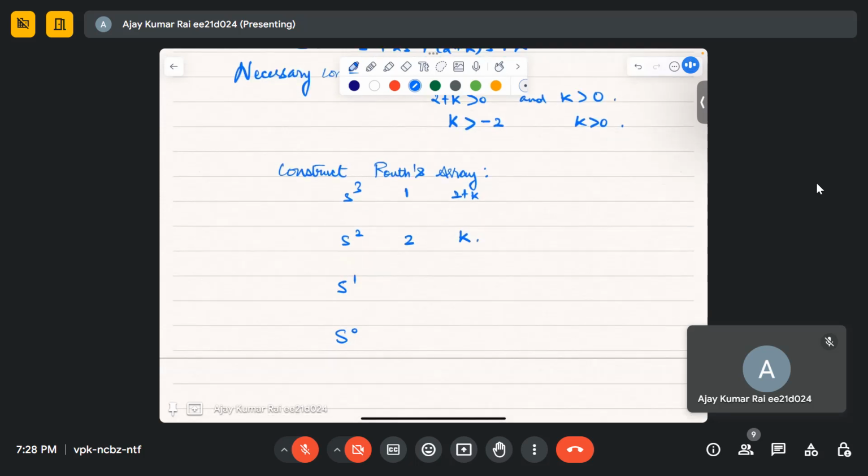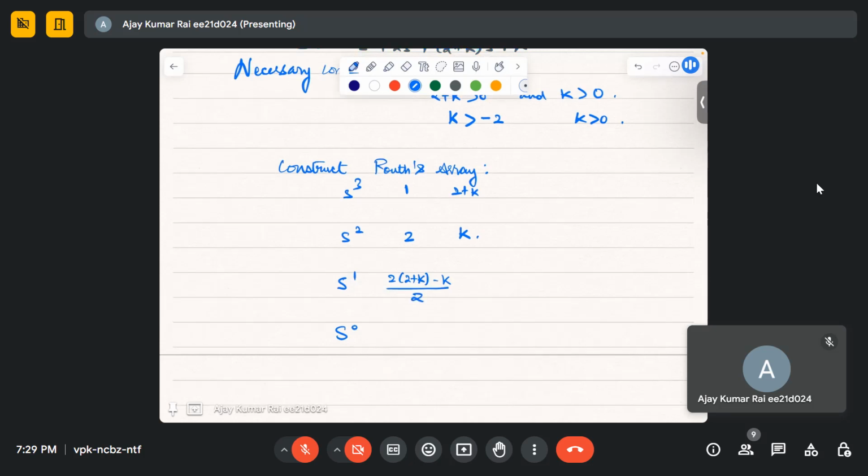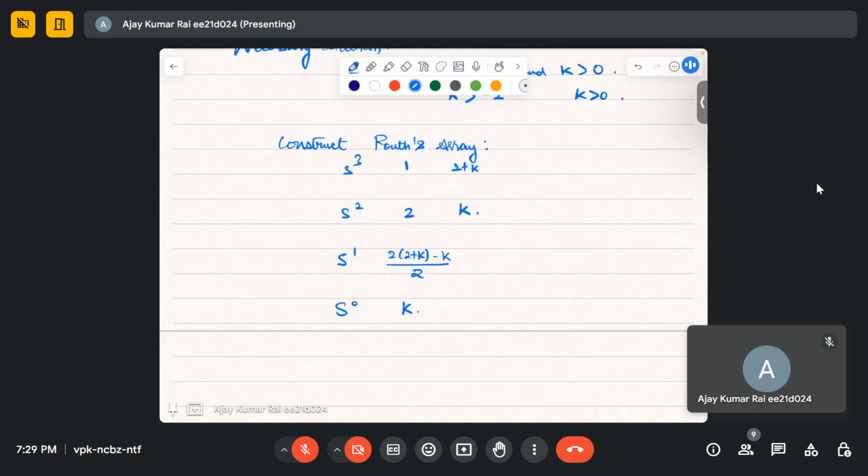The coefficient of s1 is 2 into (2 plus k) minus k, divided by 2. You know how you got this, right? You first multiply 2 into (2 plus k) minus 1 into k, divided by 2.